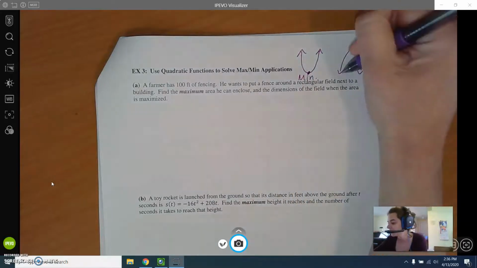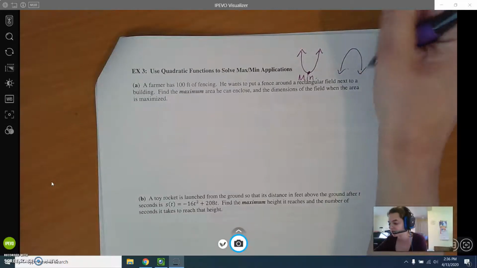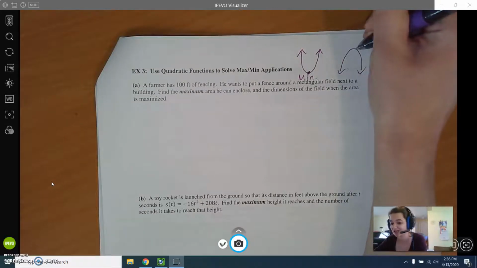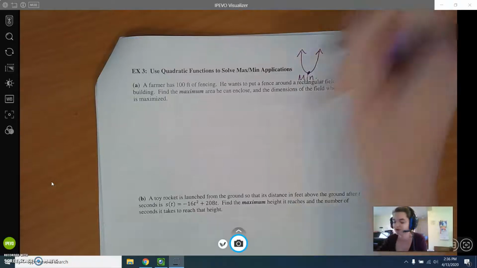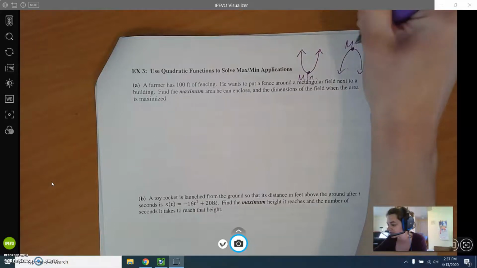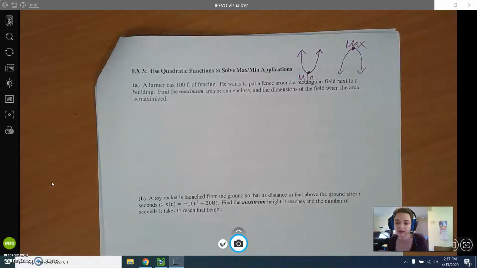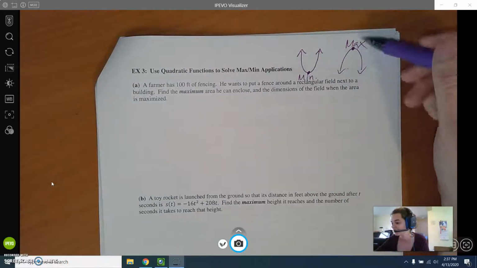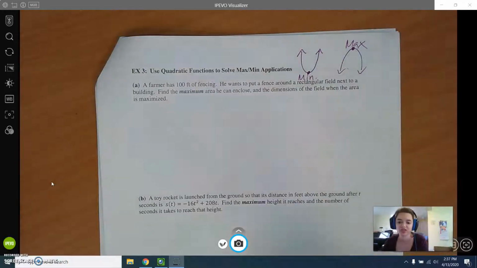If it's a downward shaped parabola, which means that your a value is negative, the vertex is at the very, very top, and that vertex would represent the maximum of something. Again, the x-coordinate tells you when or where it happens, and the y-coordinate tells you what the maximum value of the function is. That's really what you're doing with all of these: finding minimums and maximums.